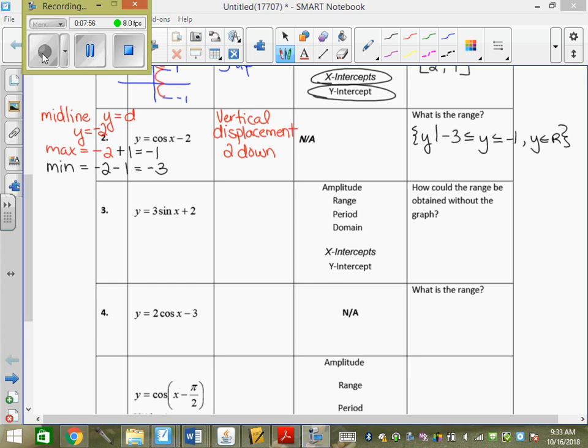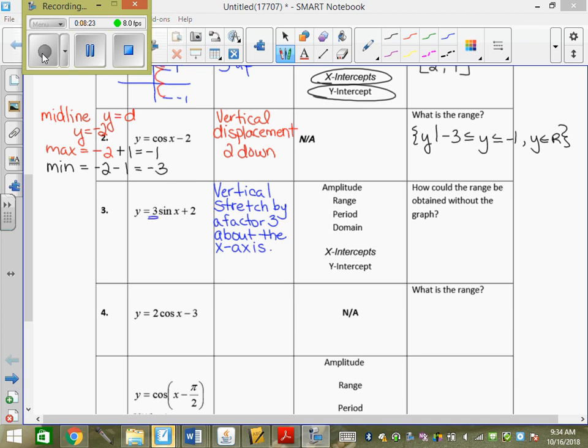So this one, we have a vertical stretch by a factor of 3 about the x-axis. What do vertical stretches change? What does the A stand for? What can we get from this value in our equation?